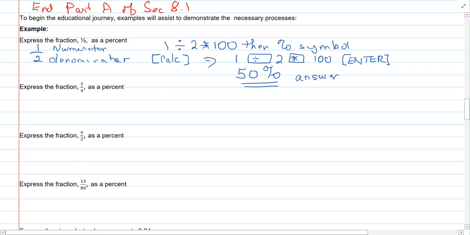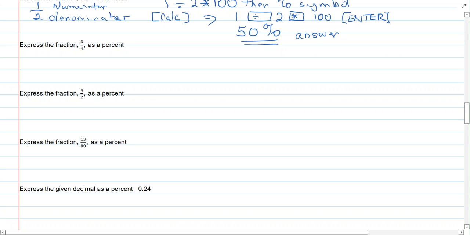Nothing difficult. All right. Well, this one says express 3/4. And again, we have our numerator and denominator. I'll do the short form on the next one. So we know it's undone division. We're going to say the 3 divided by the 4 times the 100, then add the percent symbol, and we're done.